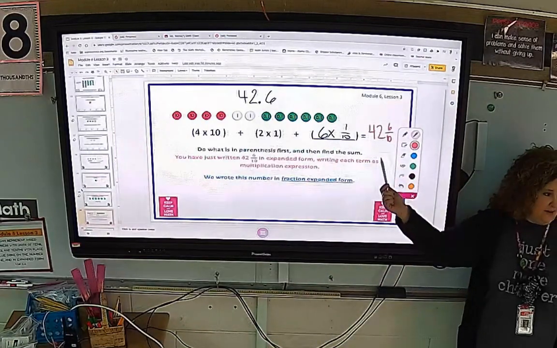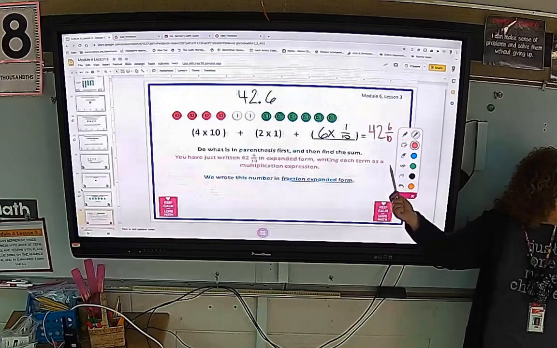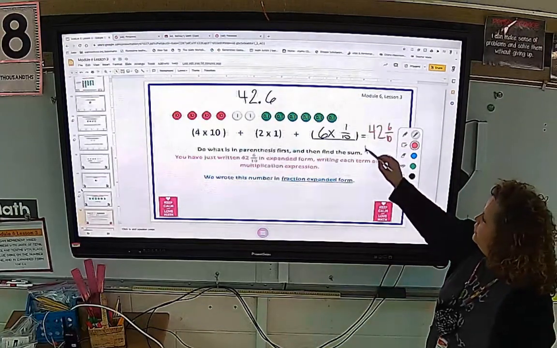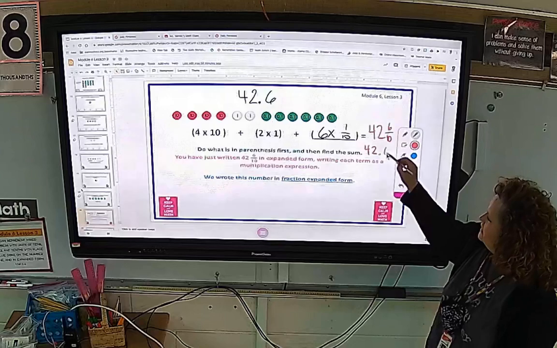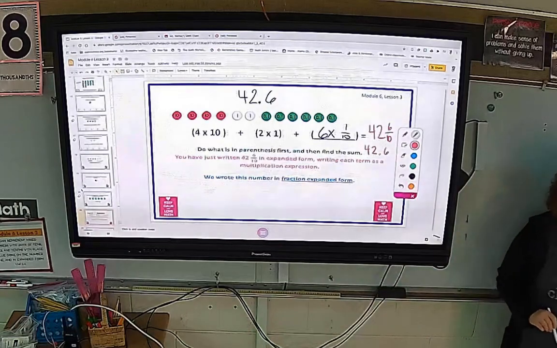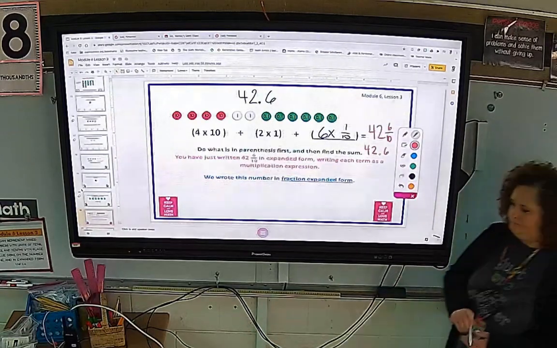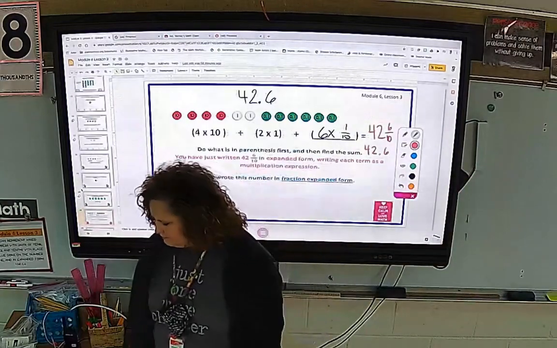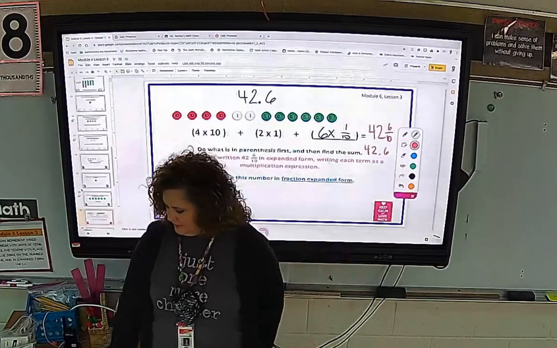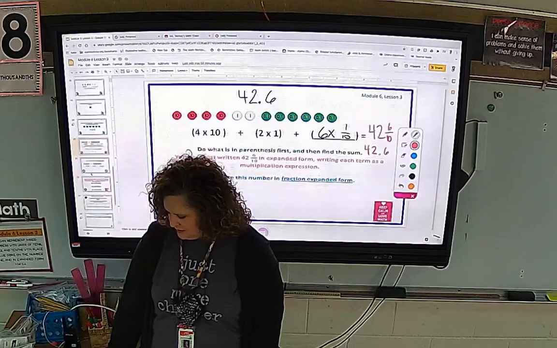Could you take that and write it as a decimal? Yeah, y'all know how to do that now. 42.6. 42 and 6/10. So we're not going to spend a lot more time than that on expanded form with decimals, but I wanted you to see it at least once.